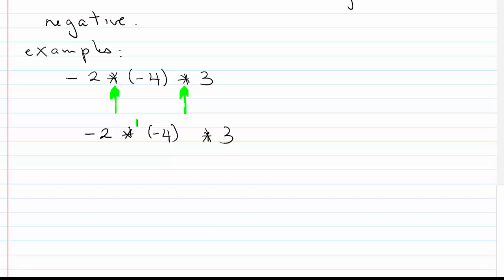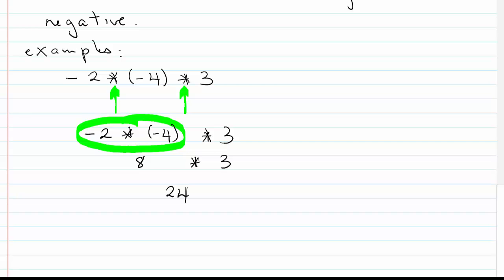If I multiply -2 times -4, that gives me +8, and then I multiply that by 3. Since the signs are the same, my result turns out to be positive.